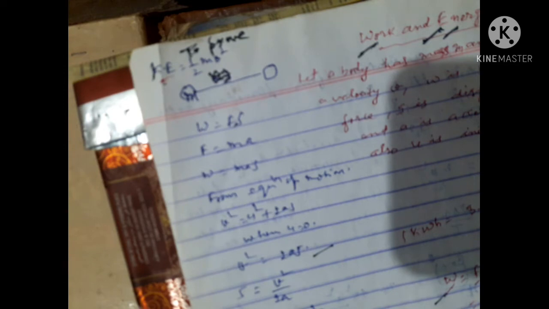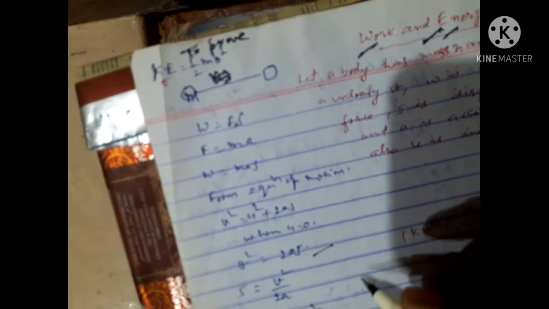Kinetic energy arises due to motion, while potential energy a body possesses due to height or any other reason. If anybody has stored energy, such type of energy is known as potential energy.